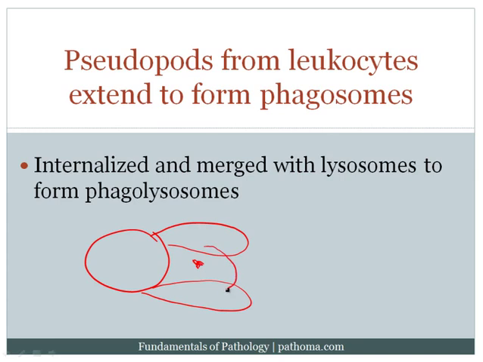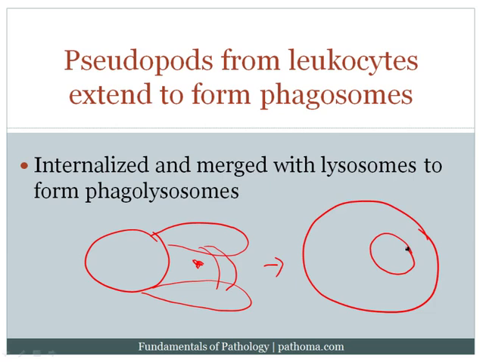So it will then wrap its arms around this molecule, and eventually it'll result in the neutrophil containing a little vesicle which actually contains the product that needs to be destroyed. And so the pseudopods, which are these fingers, extend from the leukocytes to form phagosomes. And this is the phagosome here, this circular space that gets internalized within the neutrophil.